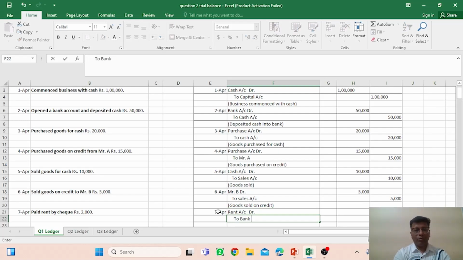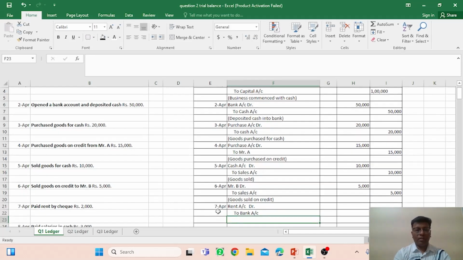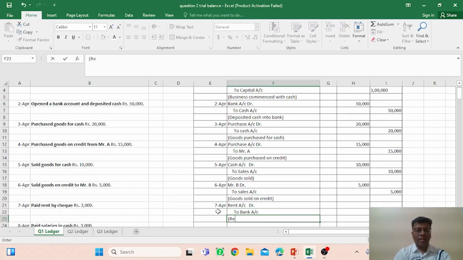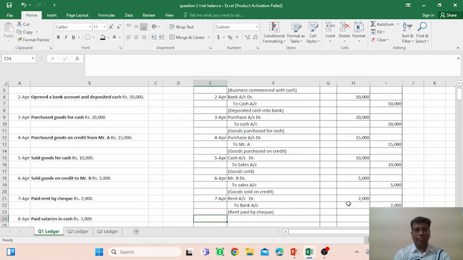You have to mention to bank account, and the narration would be rent paid by check. And the amount is rupees 2000. The next transaction on 8th April is paid salaries in cash.